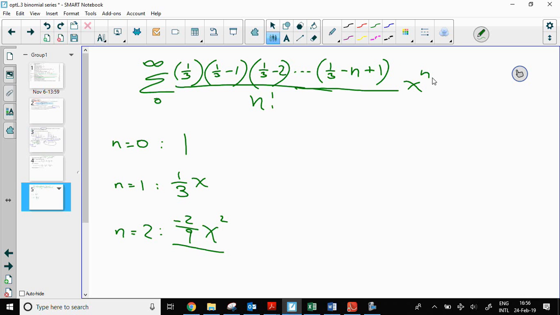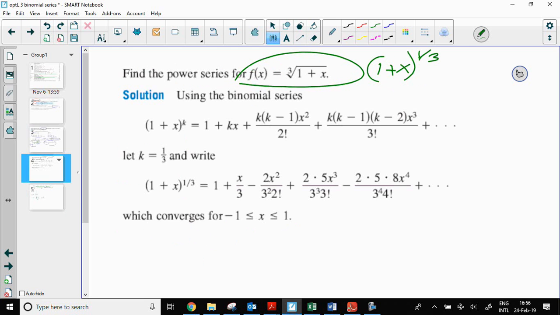But then we're dividing this by 2 factorial, which is 2. So it looks like negative 2/18 times x squared. We'll just take a look here. That's exactly what we got there, if you evaluate that. And the rest of the terms are going to be the same as well.